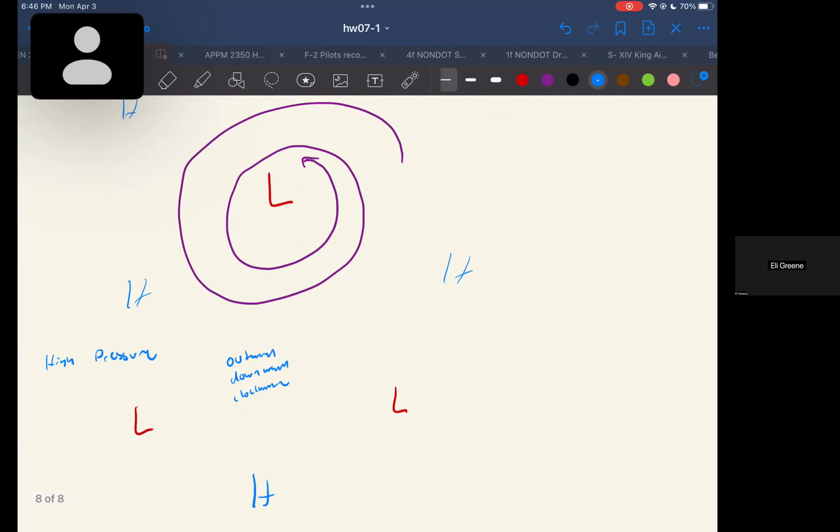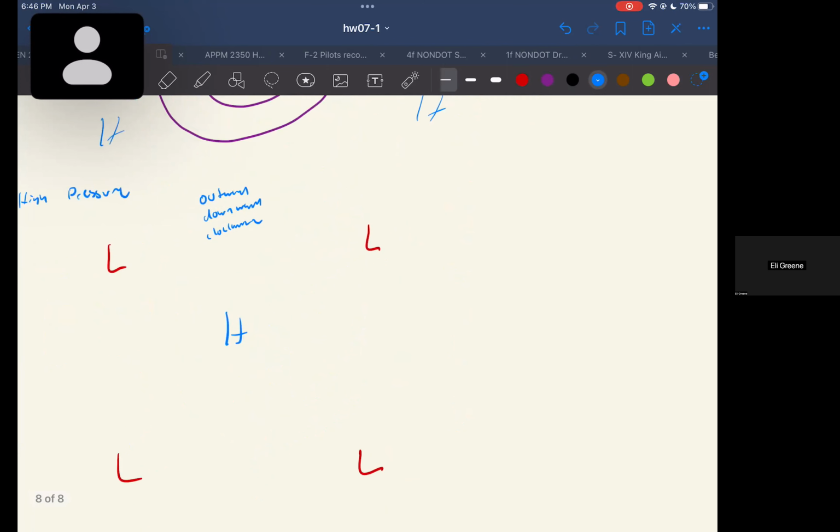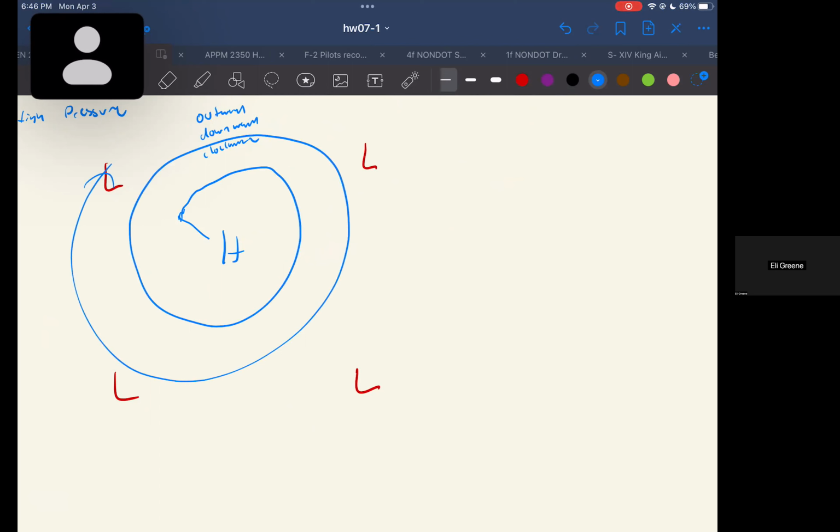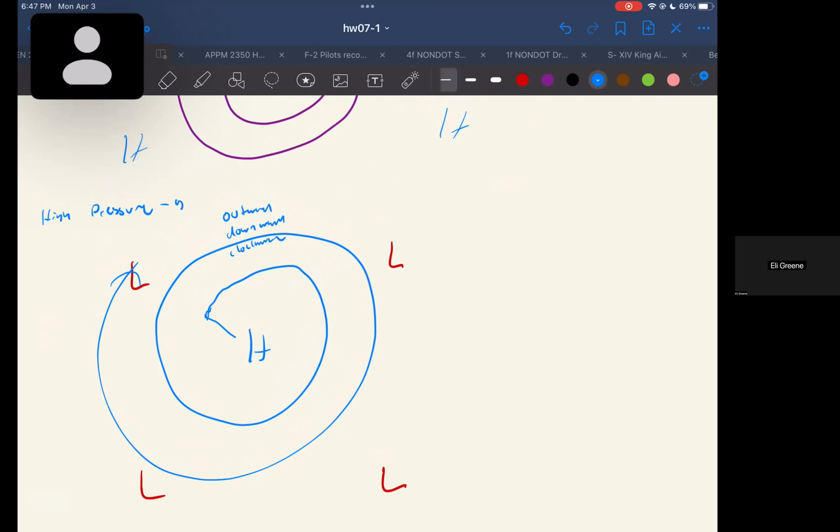Airflow wants to go this direction, but it kind of moves like this. Because the air in a high pressure is pushing out, there's kind of a gap there, and that causes air to fall down in the center. And because air is pushing out, it's pushing out any kind of bad visibility and stuff. We'll talk about it more in just a second when we talk about convection. But the point is that high pressure is associated with good weather.